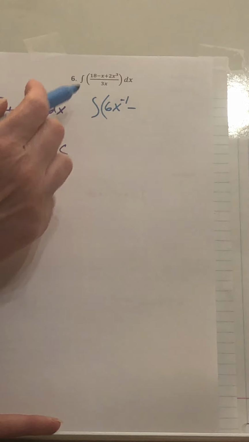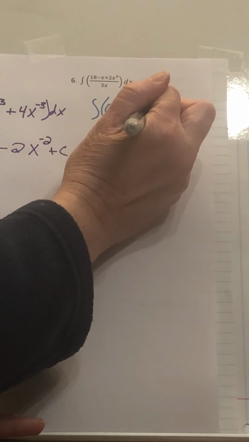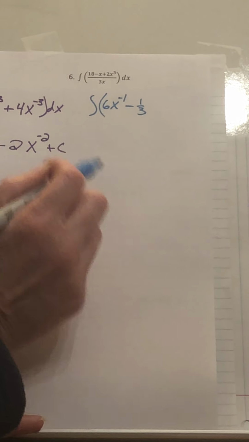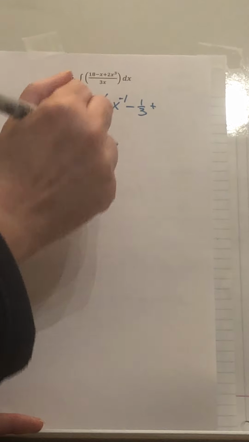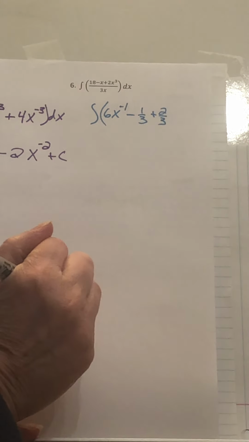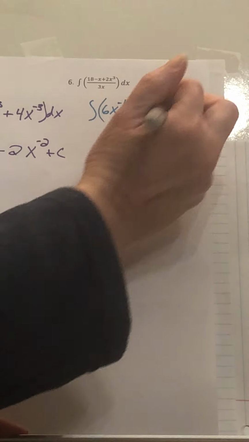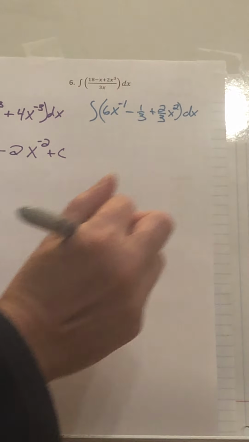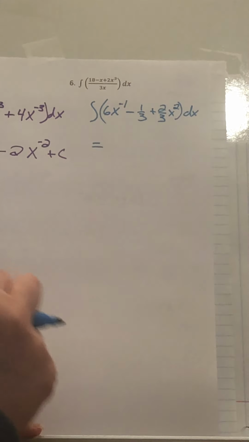Minus, there's no coefficient here, so this one technically is 1/3, and the x's would cancel each other out, so I just have 1/3. Plus, the 2 and the 3 become a fraction, 2/3, and here I have some x's that cancel. X to the third over x becomes x squared dx. There's my simplification. I'm ready to do the antiderivative.